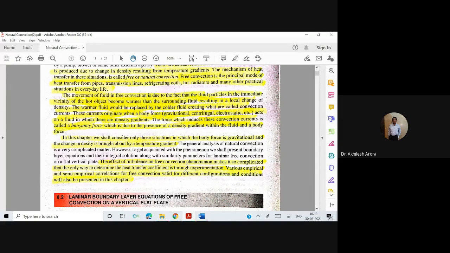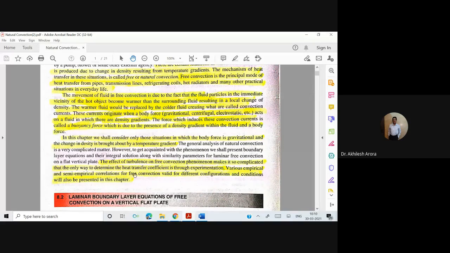The effect of turbulence on free convection phenomena makes it so complicated that the only way to determine the heat transfer coefficient is through experimentation. So basically, in free convection, we don't get any analytical solution. Okay, there are equations which we have derived, but in most cases, the determination of the heat transfer is through experimentation only.